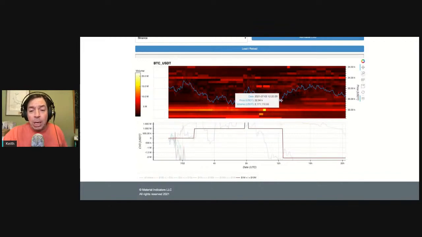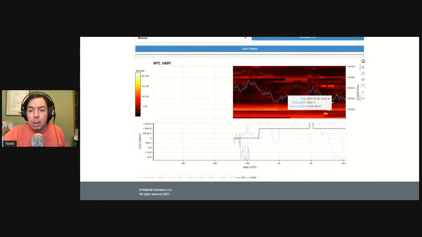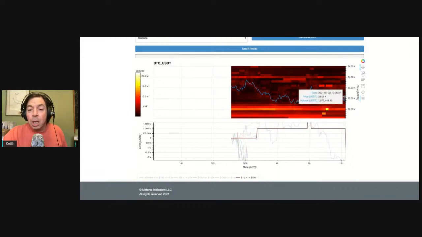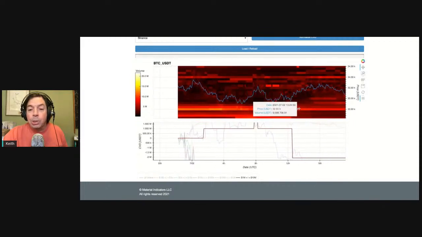That's a $3 million dump right there. But look what happened. Look what happens. Here's where it was, right at, we'll call it 33.10. He dumps 3 million and price goes up.